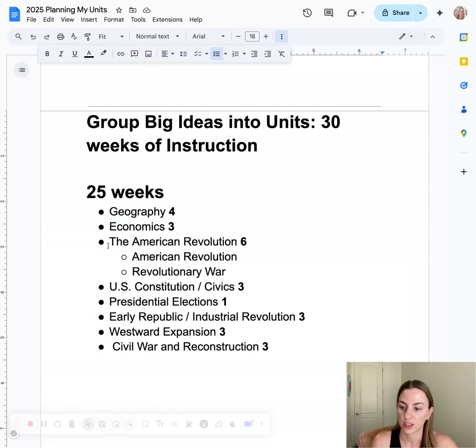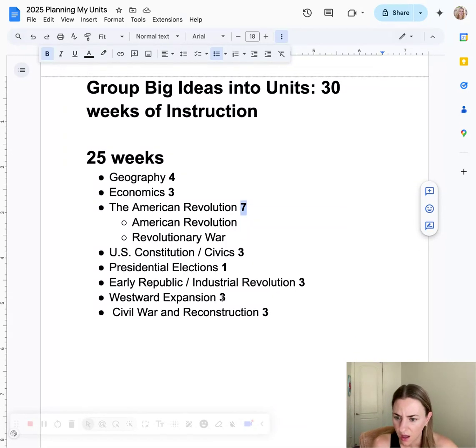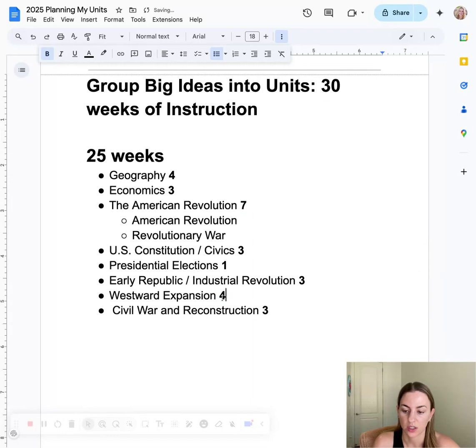I'm going to add a week to the American Revolution units because there's some really fun simulations that the students love, and I just want to make sure I have enough time to do that.